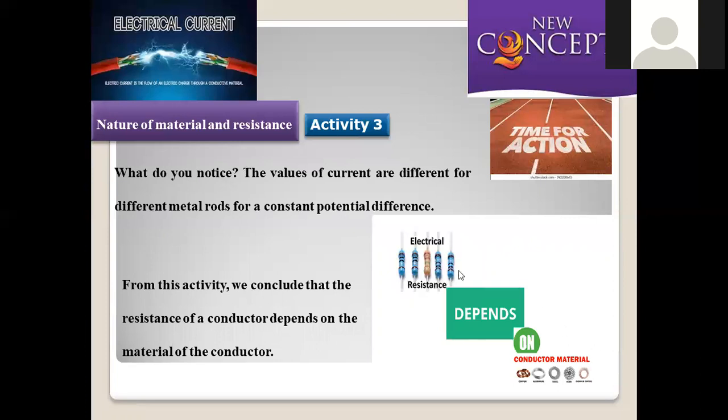What do you notice from all this? What inference are we going to draw? The value of the current is different for different metal rods. The strength of current passing through copper, iron, and aluminum differs because they have different compositions.